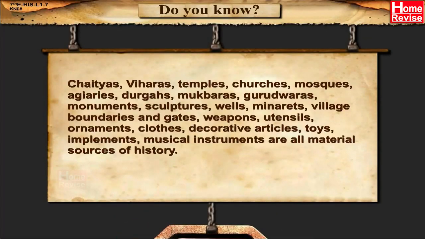Chaityas, viharas, temples, churches, mosques, agyaris, dargahs, makbaras, gurdwaras, monuments, sculptures, wells, minarets, village boundaries and gates, weapons, utensils, ornaments, clothes, decorative articles, toys, implements, musical instruments are all material sources of history.